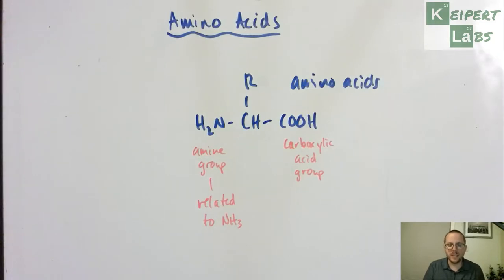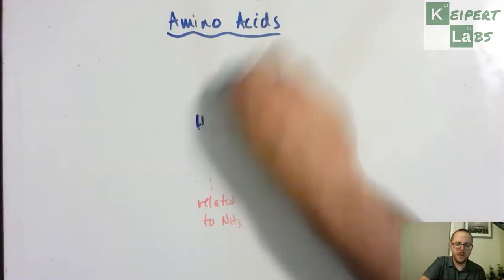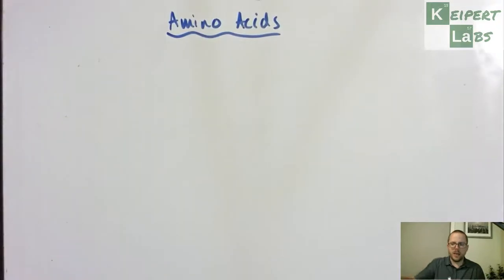But the reality is that these are naturally occurring substances, so we don't get an infinite number of naturally occurring combinations here. We get only a very limited number, about 20 or so naturally occurring amino acids, each one with a particular name and shorthand abbreviation for the biologists who may or may not enjoy chemistry as much as we do.